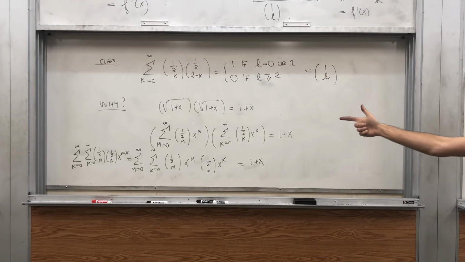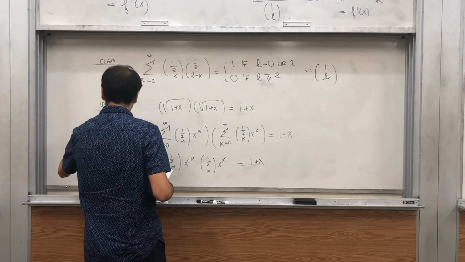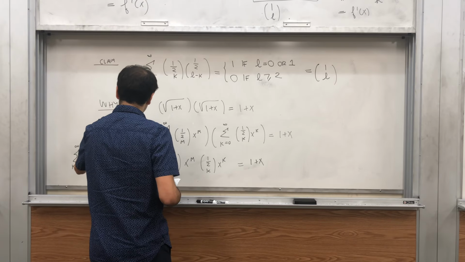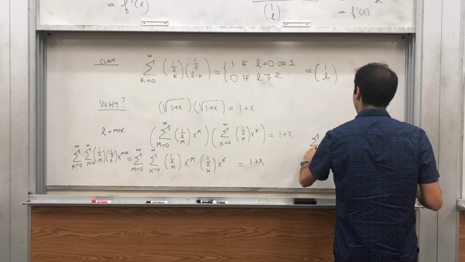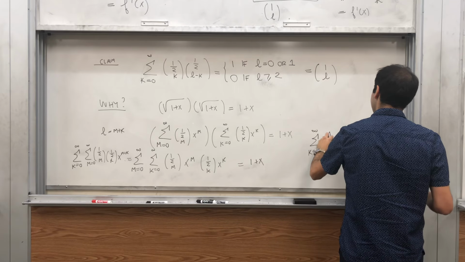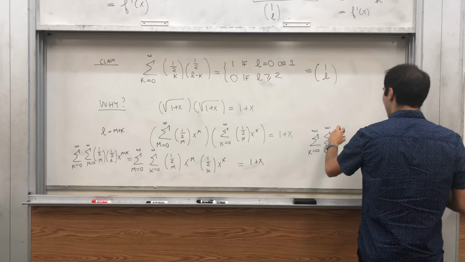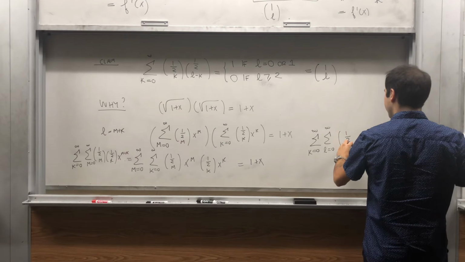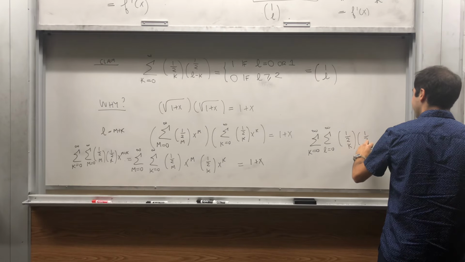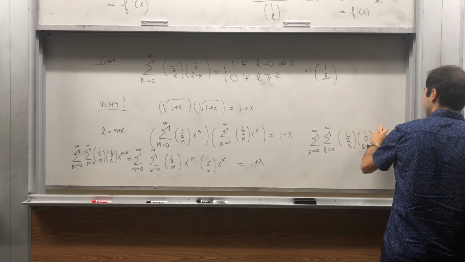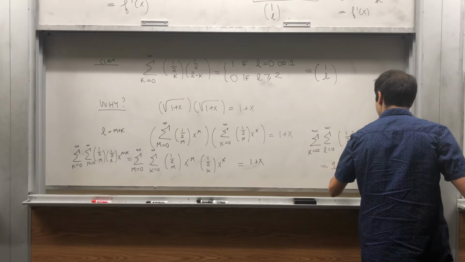But just as before, if you let L be m plus k, the left-hand side then just becomes the sum from k from 0 to infinity, the sum from L from 0 to infinity of 1/2 choose k, 1/2 choose L minus k, x to the L, equals 1 plus x.